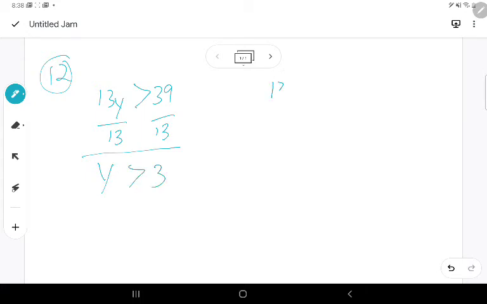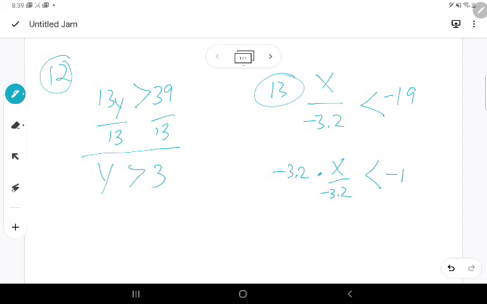All right. Number 13. We have x divided by negative 3.2 is less than negative 19. Well, since that's division, I'll have to multiply both sides by negative 3.2. Now when I do that, this gives me x, and this side is going to give me a positive 60.8.